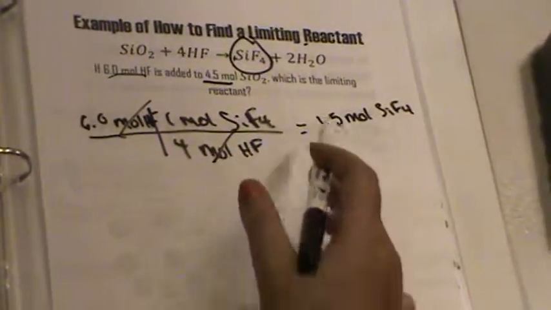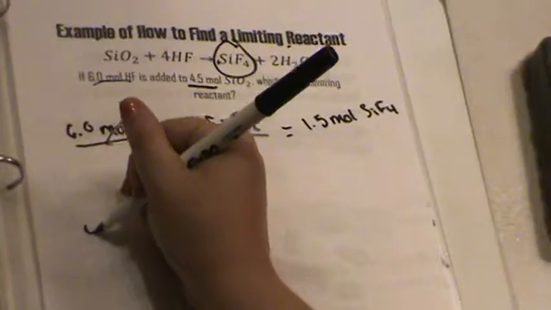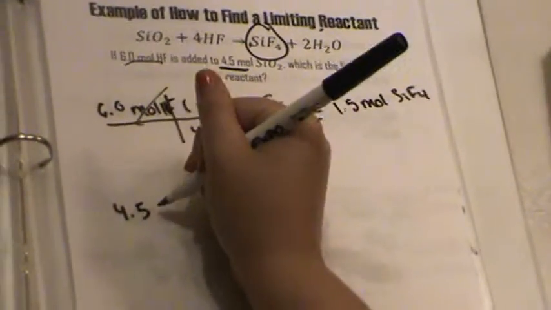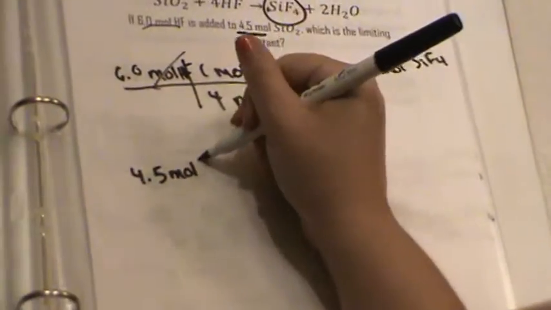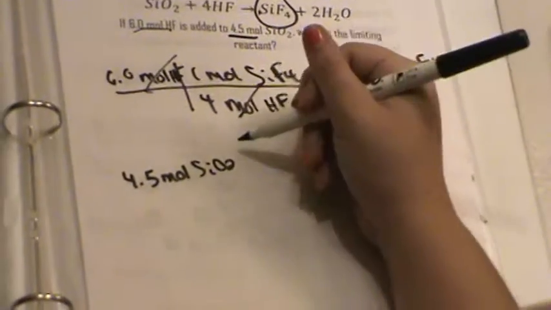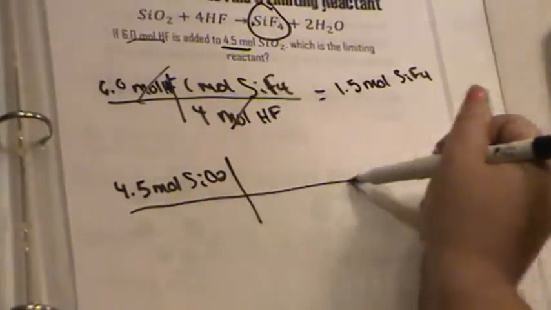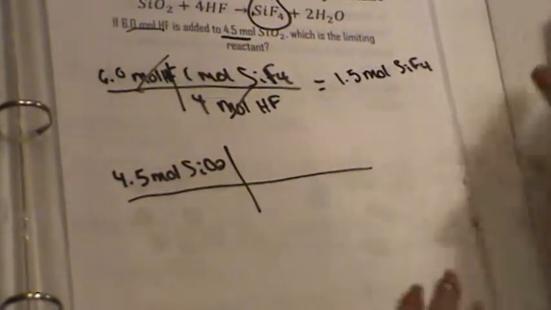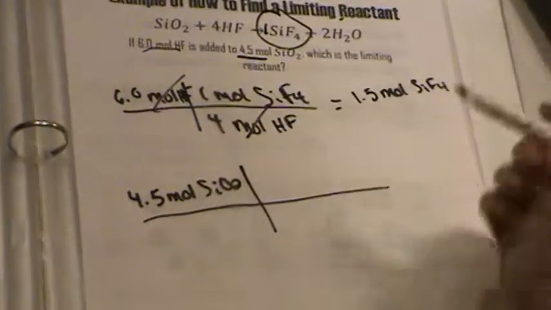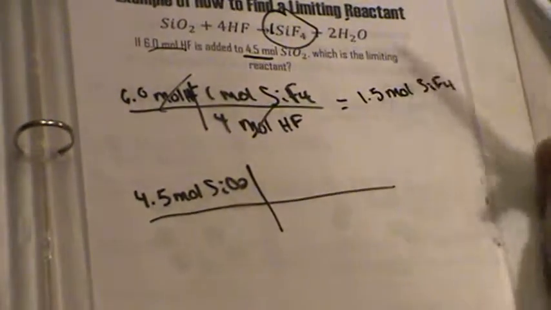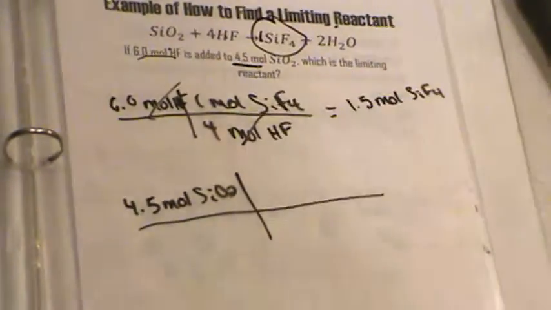And then you basically do the same thing, but this time you do it with 4.5. So instead of using this, actually you're still using this, but instead of using this, you're using this.